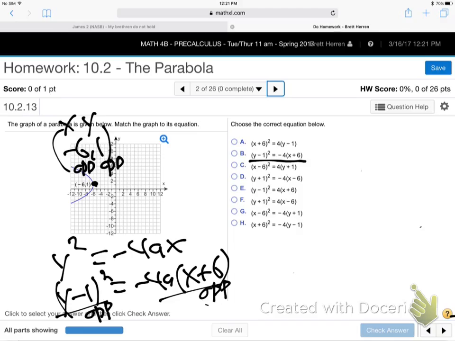Isn't it got to be b? What else has y minus 1 squared? It's not e because that's a plus 4, not a negative 4. And yep, that's it, b. Enough information. We don't even need to find a on this one. If it's just b, good enough. We'll get into the a stuff here in a second. Does that make sense? How I grabbed b there? It's negative 4. All right.